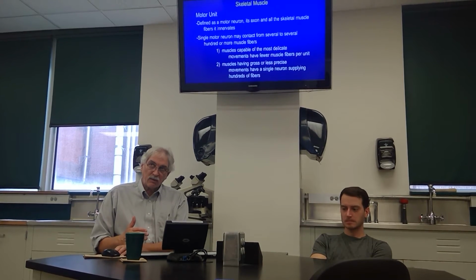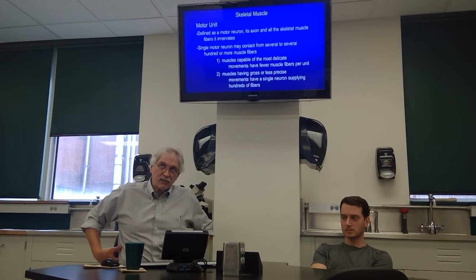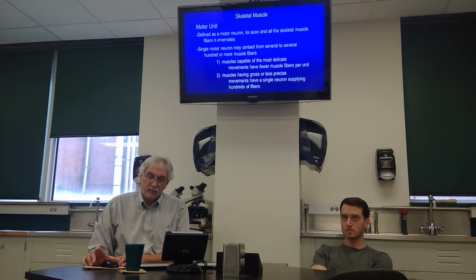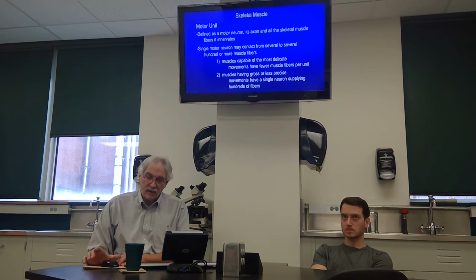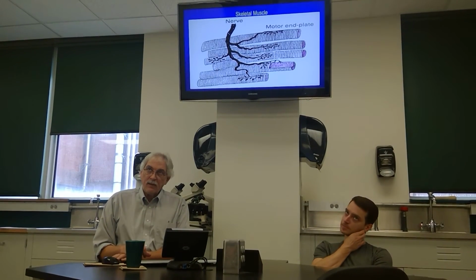Muscles with really gross or less precise movements, like postural deep back muscles and superficial back muscles, have a single neuron that innervates maybe hundreds or thousands of muscle fibers. So if you want really precise movements, you need only a few muscle fibers innervated by one motor neuron.